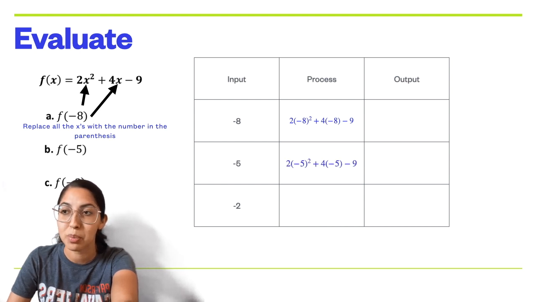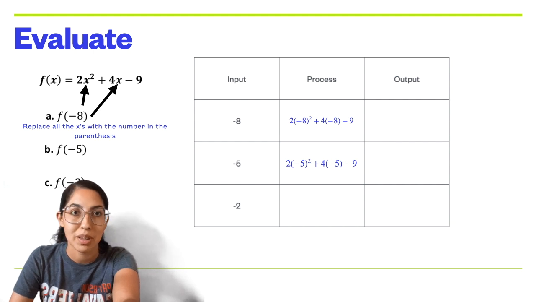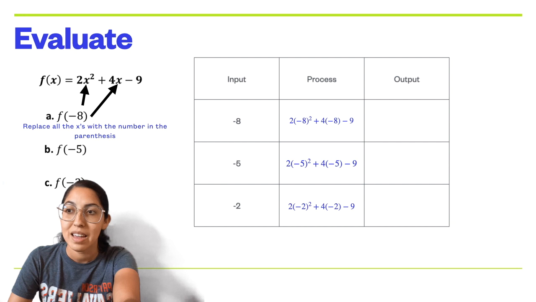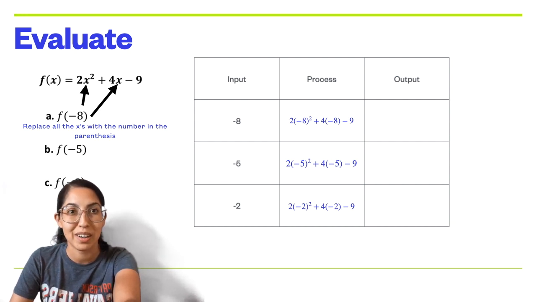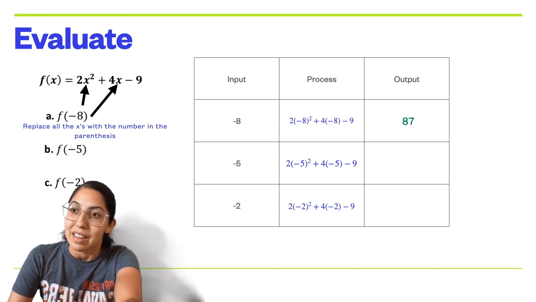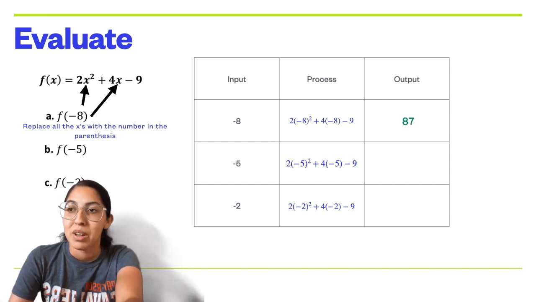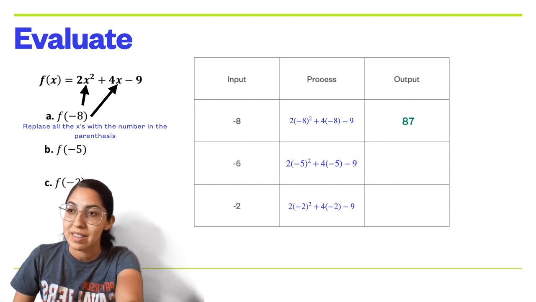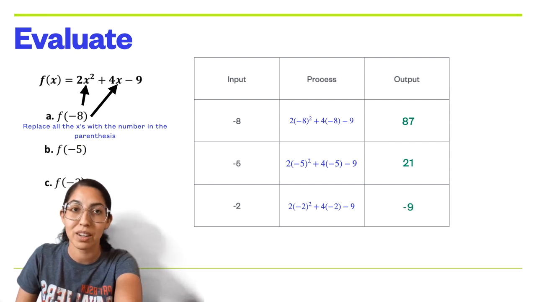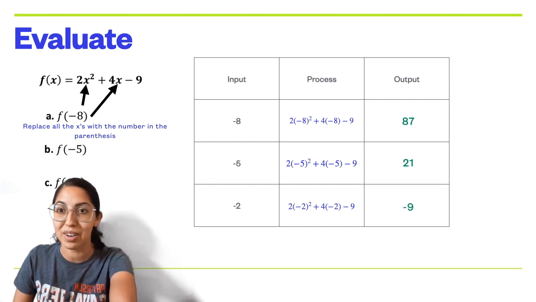Second one, we get 2 parentheses negative 5 to the power of 2 plus 4 parentheses negative 5 minus 9. And last, we have 2 parentheses negative 2 squared plus 4 parentheses negative 2 minus 9. Our first one, our input of negative 8, gave us an output of 87. Input of negative 5 gives us an output of 21. And our input of negative 2 gives us an output of negative 9.